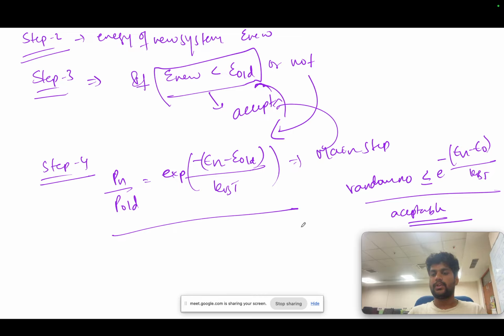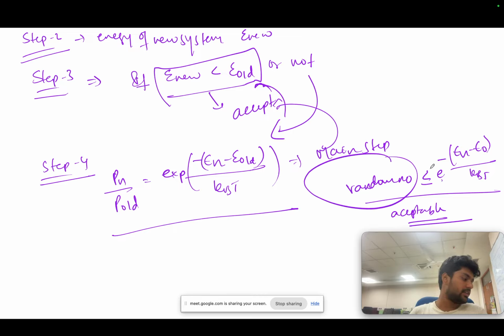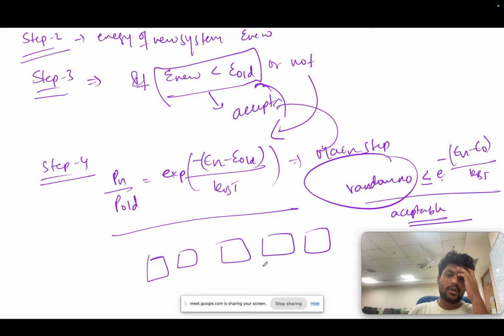So you understand, right? This value should be less than this value, then only is it acceptable, otherwise it's not. In this way the Monte Carlo generates a new conformation, from one conformation to another, and at the end we do the ensemble average and get the values. So any doubts in Monte Carlo?